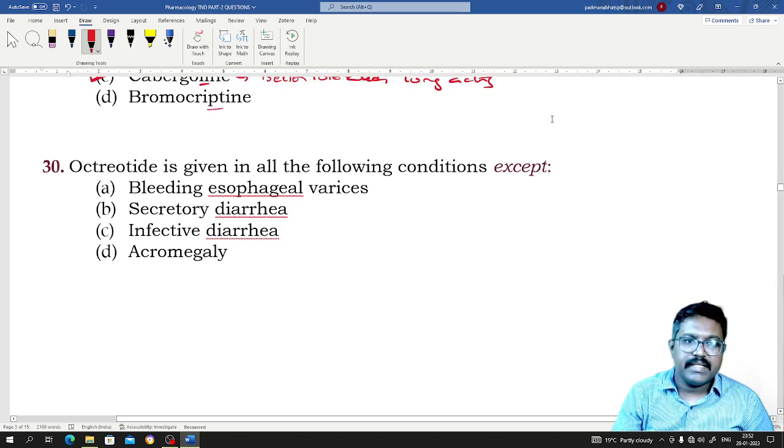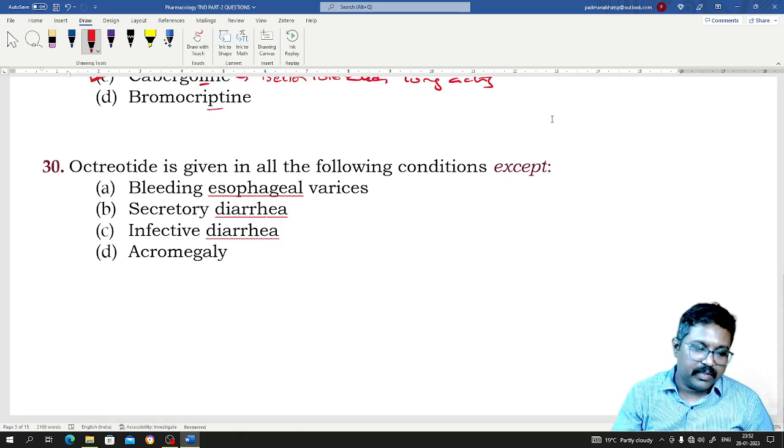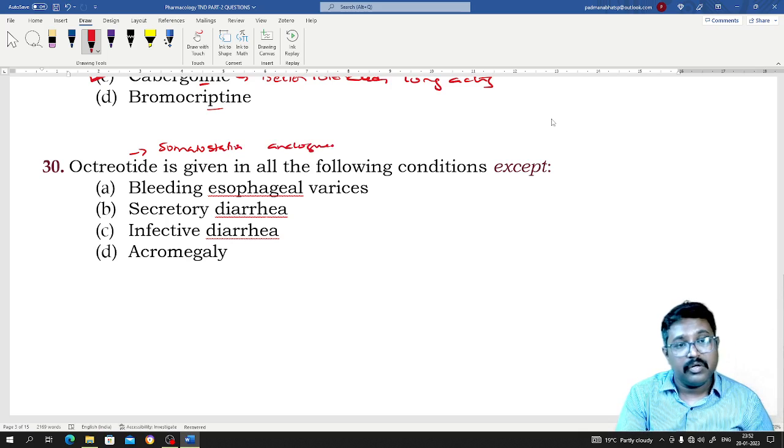So octreotide is given in all of the following conditions except. So please remember octreotide. This is a somatostatin analog, and it is preferred over somatostatin.